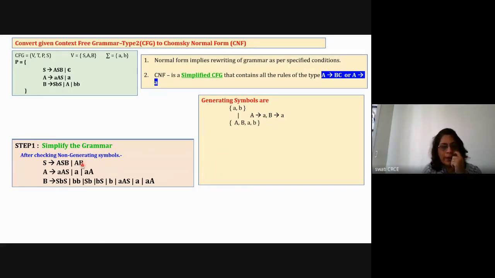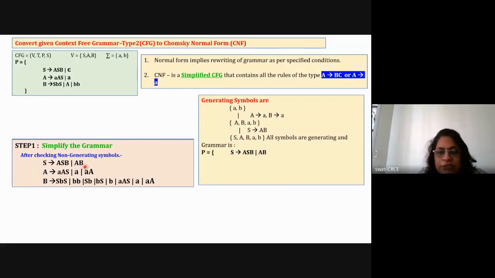S is equal to AB. Both the symbols are there in this set. So that is fine. Because of this S is equal to AB, S is also a generating symbol. And now all the symbols are generating. So there is no non-generating symbol, there is no change. Take the same grammar as it is as the output of the step. That is input to the next step.